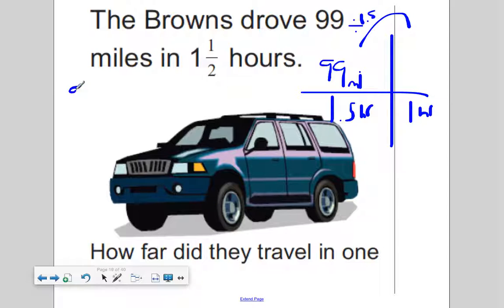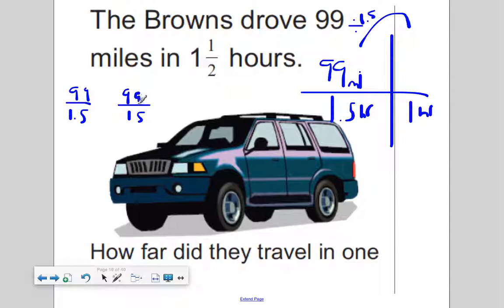So it's 99 divided by 1.5. Again, when I divide decimals, I do not like working with decimals. So I multiply the numerator and denominator by the power of 10 to get rid of this decimal, which will be 15. Some of you will just say, can I just move the decimal 1 over? Okay, yeah, that works. Move the decimal 1 over, so that's 990.